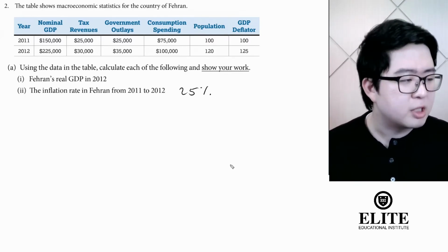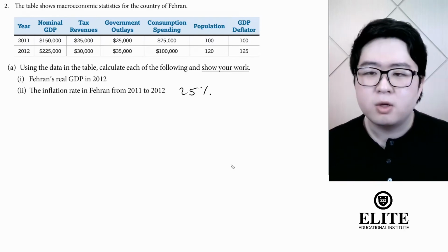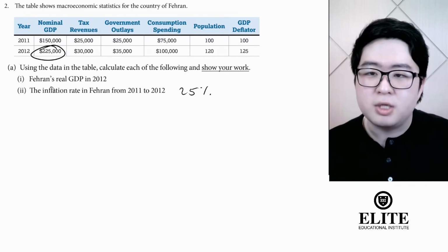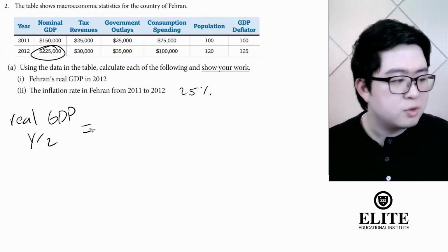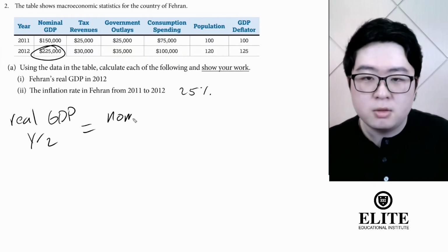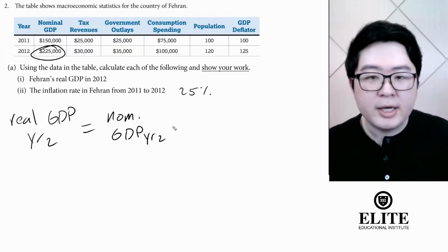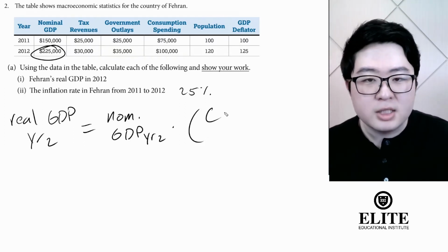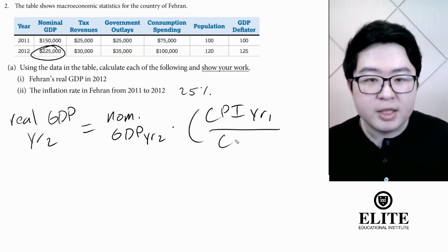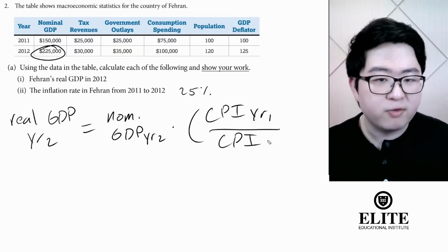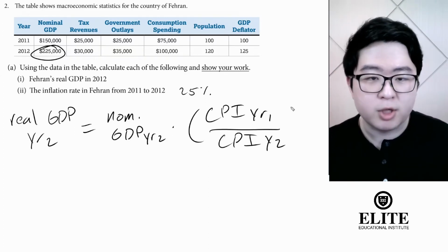To calculate the real GDP, we're going to do something quite similar, except applying our inflation rate to nominal GDP in 2012, right? In order to get real GDP for year two, all we have to do is take the nominal GDP in that year, and then multiply it by the CPI, the price index, in year one, divided by the CPI, the price index, or the GDP deflator, in year two, the year that we're concerned about.